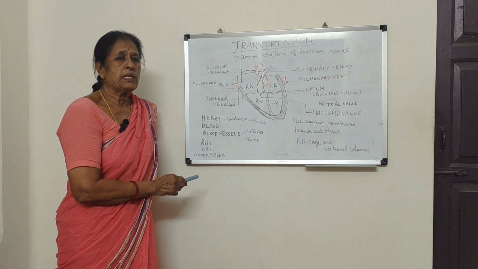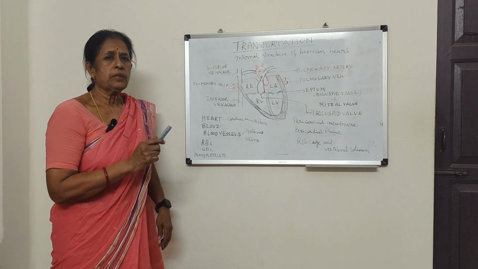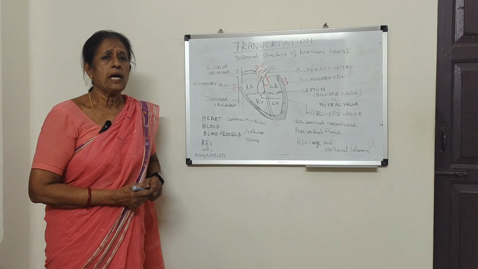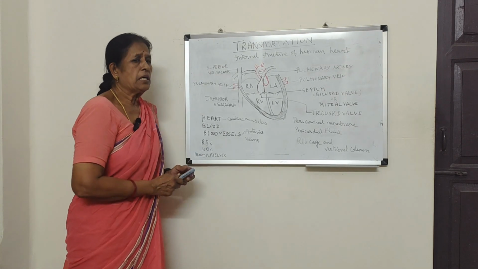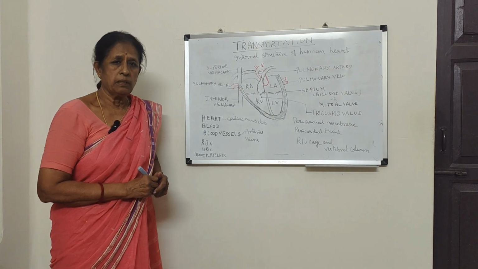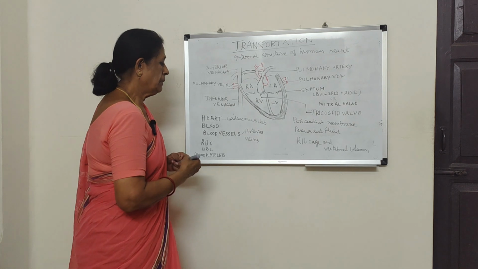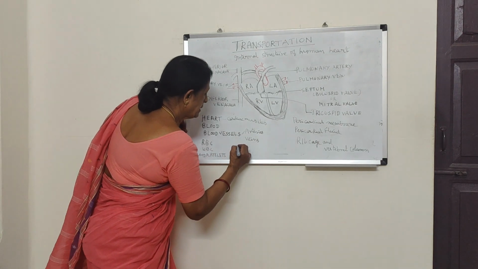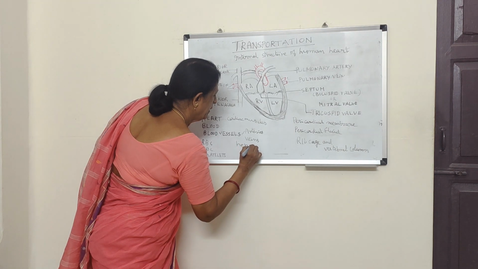These thrombocytes play an important role in the clotting of the blood when an injury occurs. In the blood, in addition to this, there are many organic and inorganic substances present. Out of all these, I can mention one important organic substance, which is called heparin.